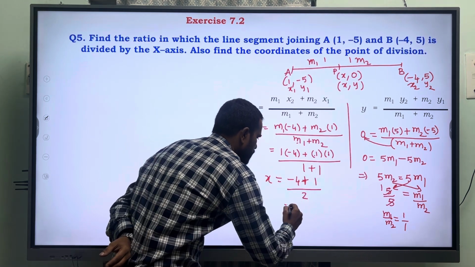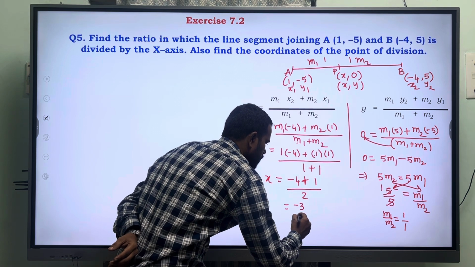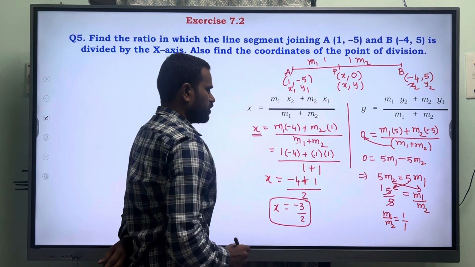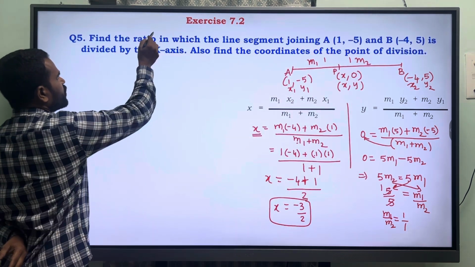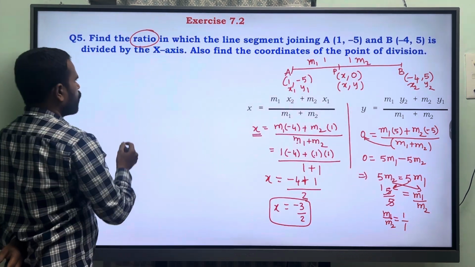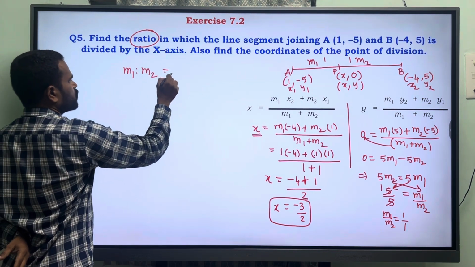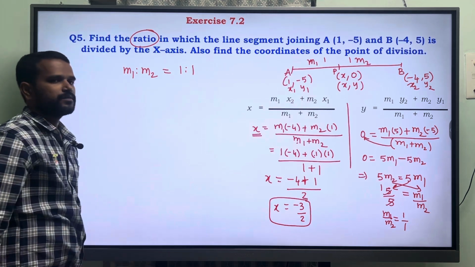Minus 4 plus 1 is how much? Minus 3 by 2. What is the x coordinate? Minus 3 comma 2. And what is the ratio? 1 is to 1. m1 is to m2 is equal to 1 is to 1.